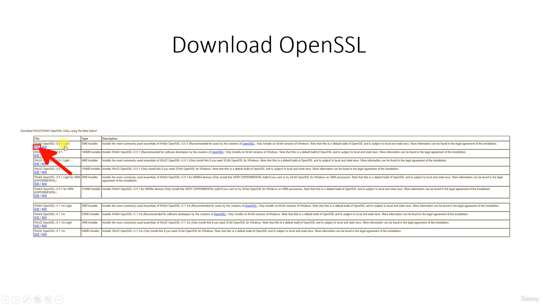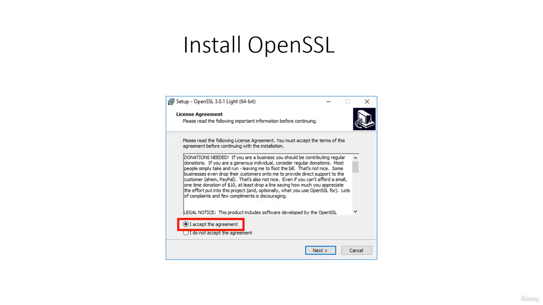I am using the light version to test this out. You can use another version, but I will ask you to follow this same procedure, which is why I chose the light version. After the download is complete, just open the executable file, and it will ask you some basic installation questions.